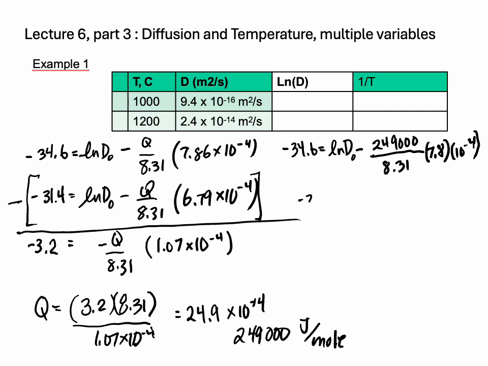So I've got negative 34.6 is equal to natural log of D0 minus 23.4. All right, I'm getting a different number each time I calculate this. Give me one more chance.